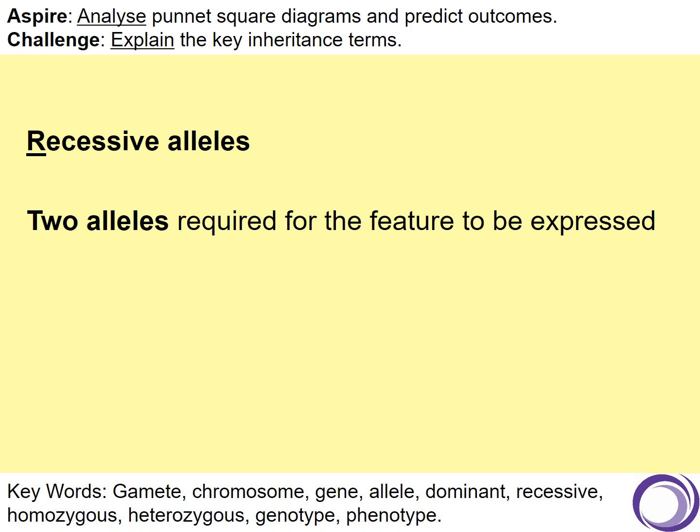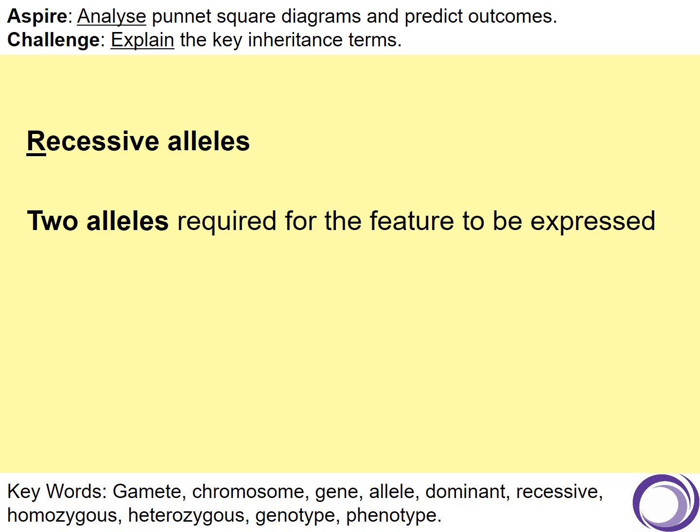When we're talking about recessive alleles, if somebody's quite recessive, they might step back. They might be quite quiet, quite passive, not speak out as much as somebody who's more dominant. And if you have a recessive allele, both of your alleles need to be recessive for that feature to be expressed. So let's go back to my example of eye colour.